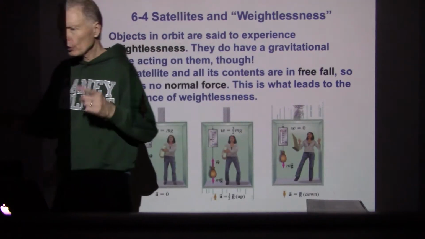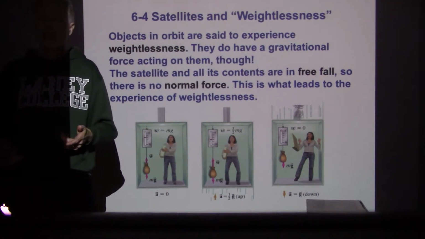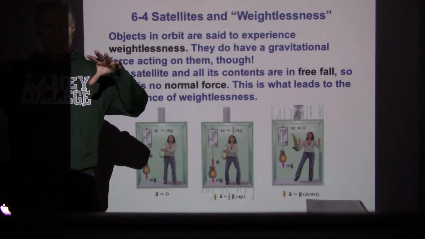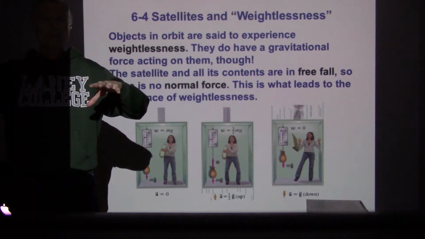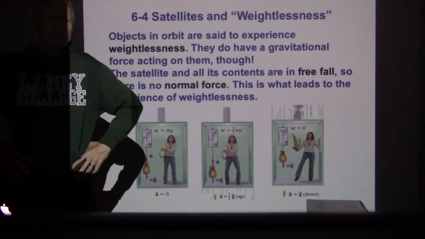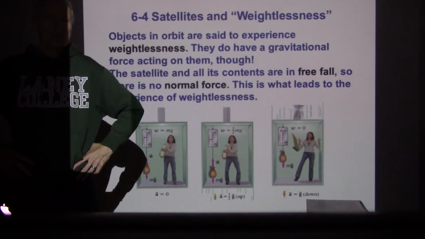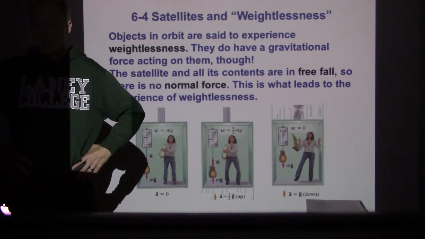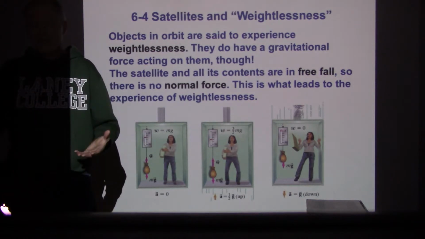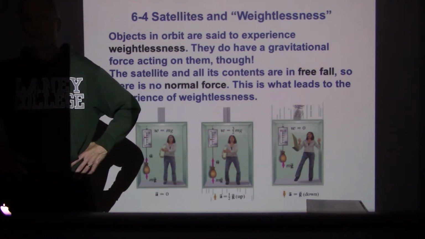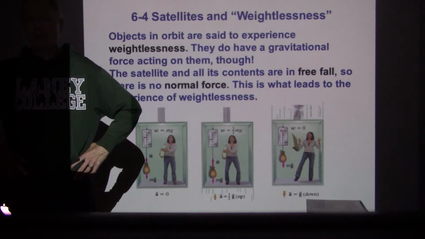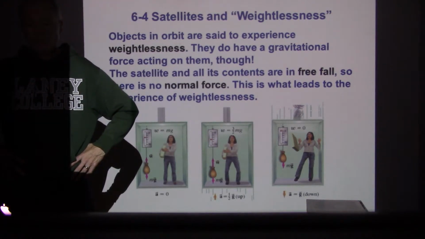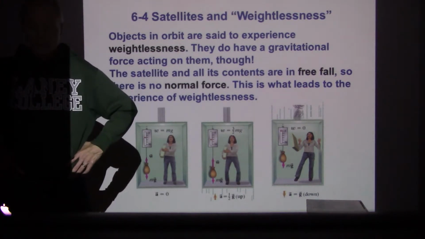If you look around inside the elevator, everything appears to be hovering, but that's just because everybody's accelerating at the same rate. That's how gravity works: gravity will accelerate all objects at the same rate, if that's the only force involved.